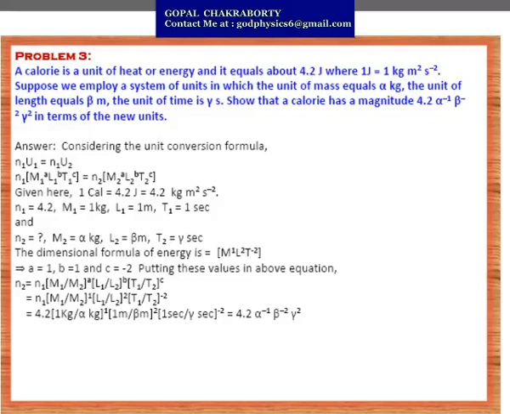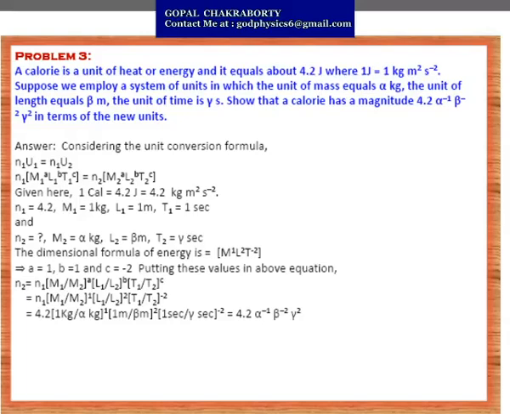Suppose we apply a system of units in which the unit of mass equals alpha kg, the unit of length equals beta meter and the unit of time is gamma second, so that a calorie has a magnitude 4.2 alpha to the power minus 1, beta to the power minus 2 and gamma to the power 2 in terms of the new unit.